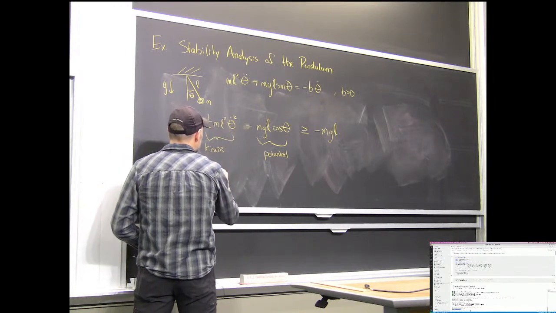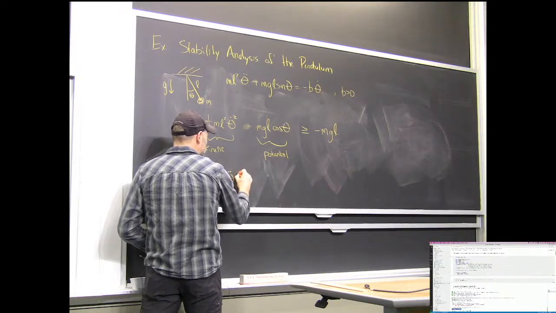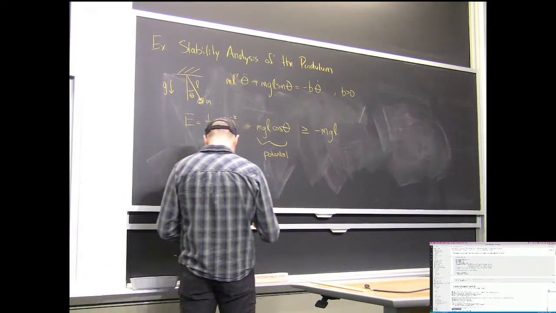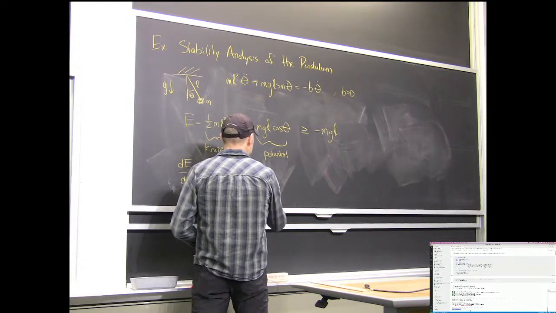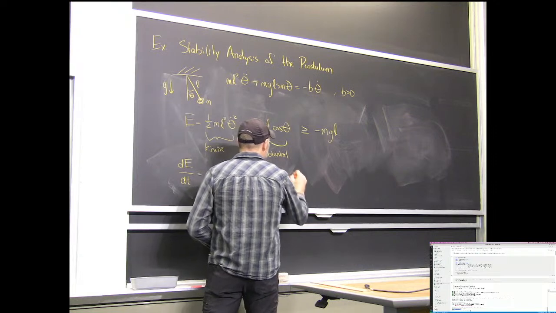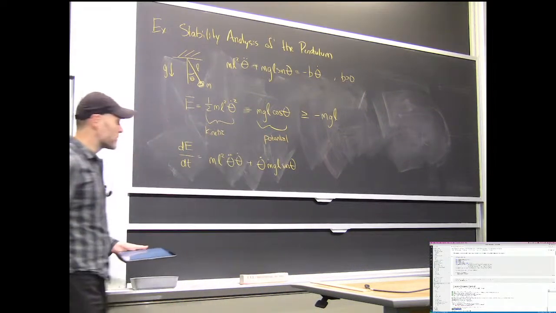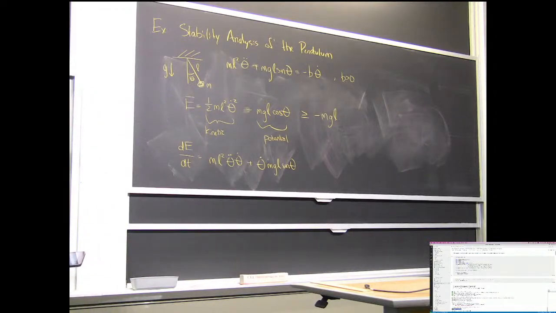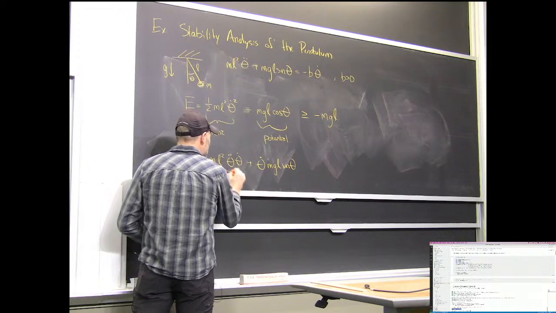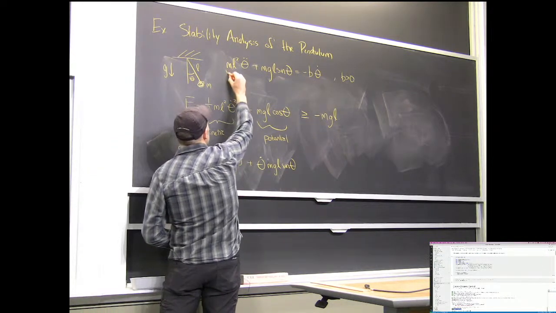I get m l squared theta double dot times theta dot, plus theta dot m g l sine theta. That's the time derivative. But it happens, and it's not an accident, that this term here is also this term here.